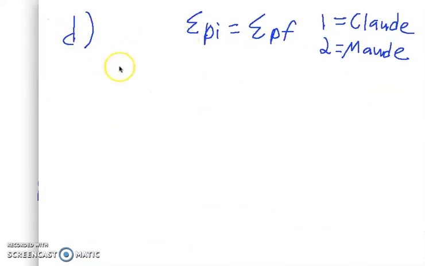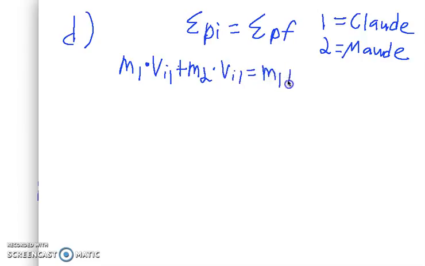So we're going to write out the equation. The mass of Claude times the initial velocity of Claude, plus the mass of Maud times the initial velocity of Maud, is equal to the mass of Claude plus the mass of Maud together, because they're stuck together, times their total final velocity.